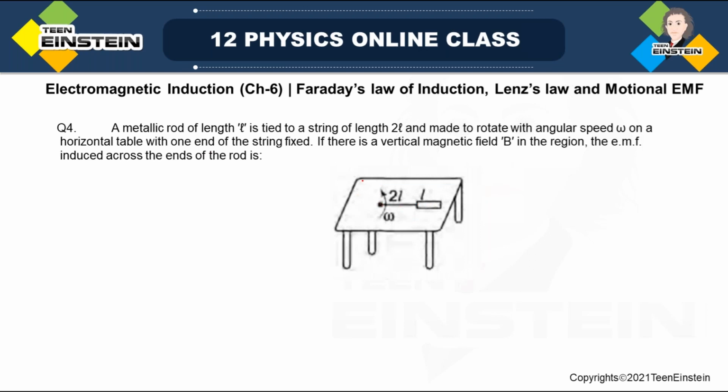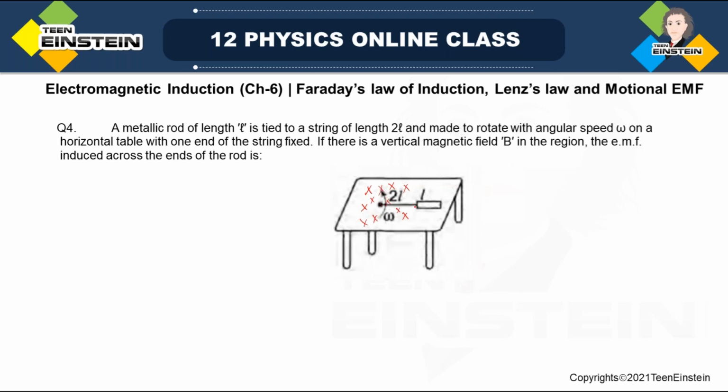And there is a vertical magnetic field. You can take it either going into the plane of the table or coming out of it, it doesn't matter. But there will be a magnetic field which is vertical, perpendicular to the plane of this table.